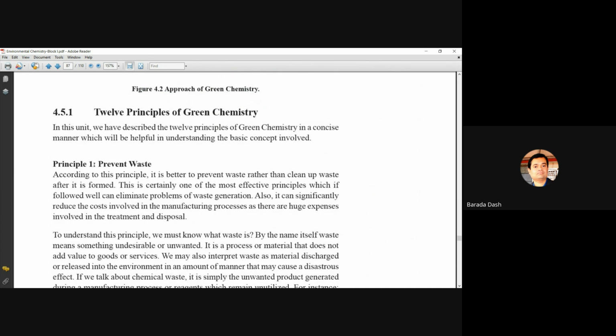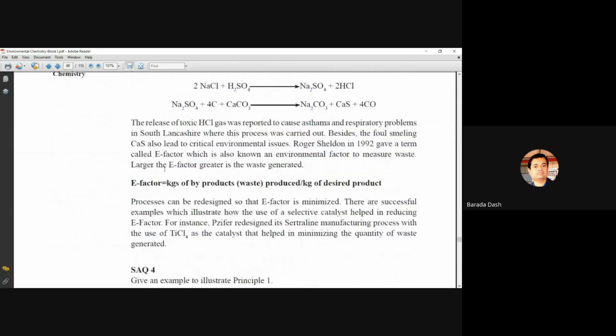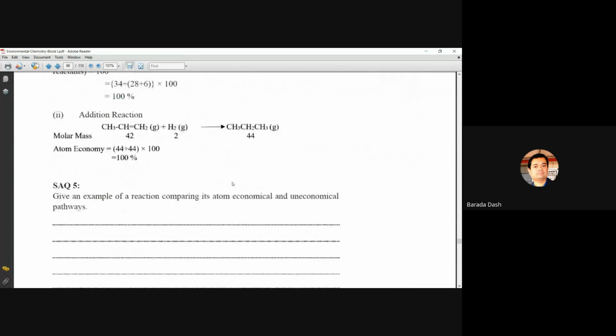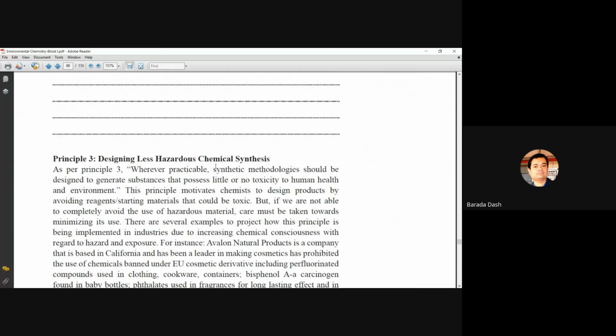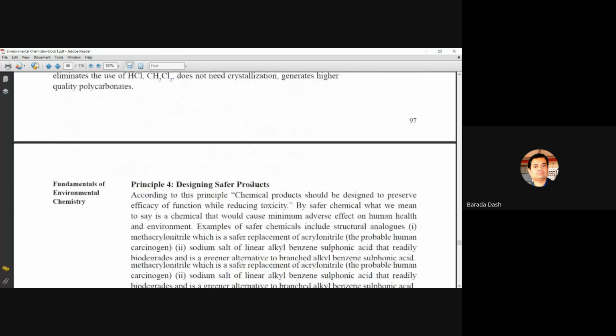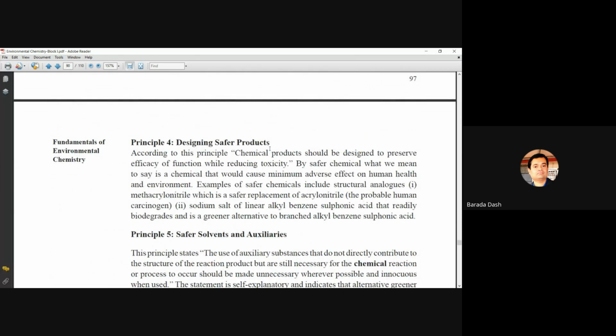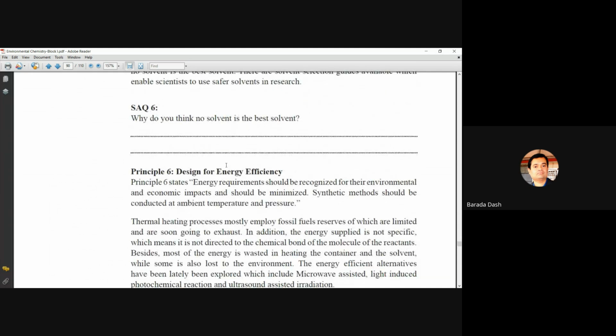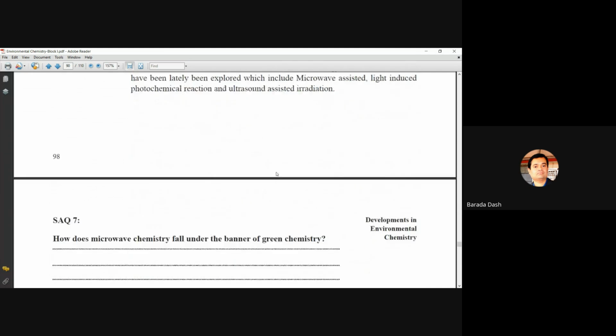So what are those? First is prevent waste. Second is atom economy. Third is designing less hazardous chemical synthesis. Fourth, designing safer products. Fifth, safer solvents and auxiliaries. Sixth, design for energy efficiency.